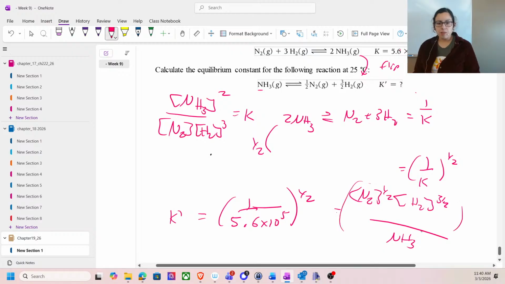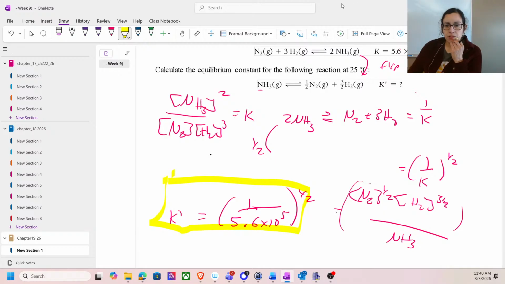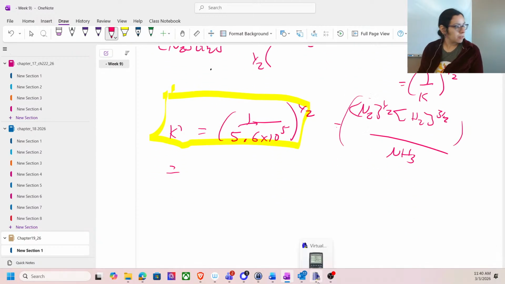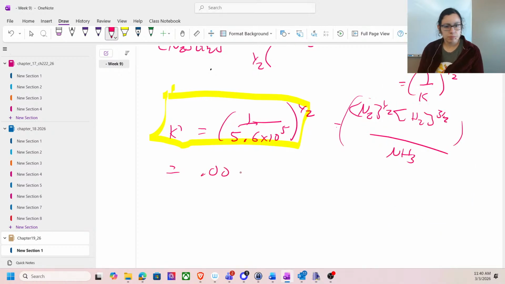What we're really going for is how do we manipulate our original equation compared to what we were given for our K prime. Oh, and then let me write the numerical answer: 0.00134, we'll round it to. Again, unitless.